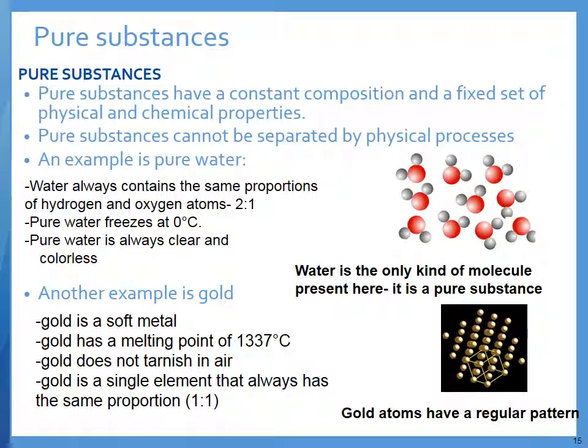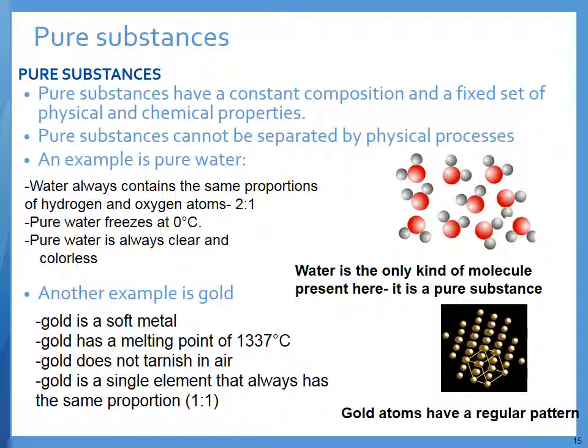All right, so let's talk a little bit more about our pure substances. The difference between a pure substance and a mixture has to do with this topic right here. Pure substances have constant composition and a fixed set of physical and chemical properties. And as we said earlier, pure substances cannot be separated by physical processes.